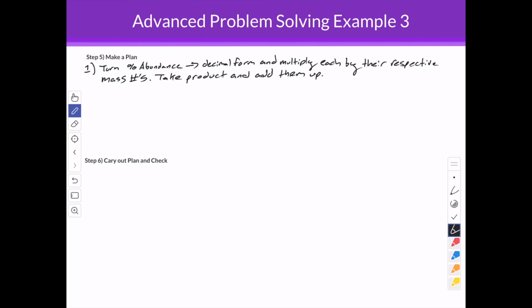And all the while, keep track of sig figs, and don't round until the end.